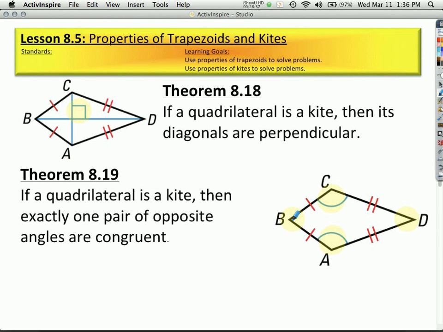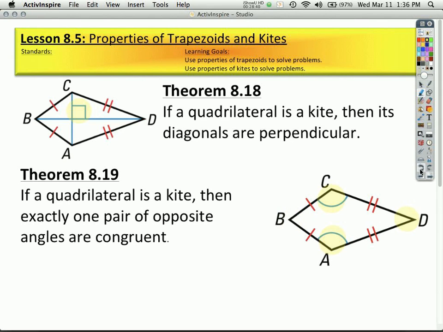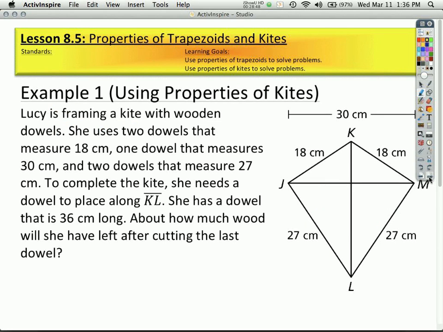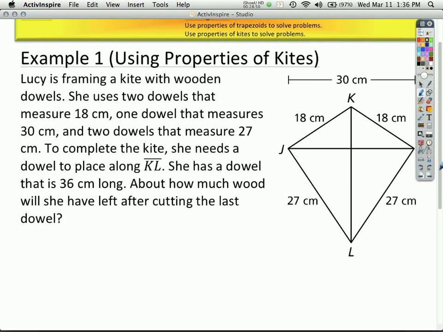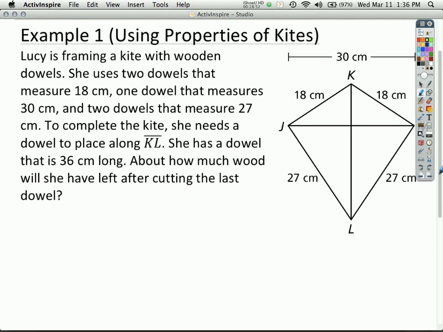It wouldn't be a kite anymore. We'll talk about that in the future. Any questions? Any concerns? Good. So let's jump in. You do not need to copy the text of the question. You need to read the question, and you're going to do a sketch of the diagram.